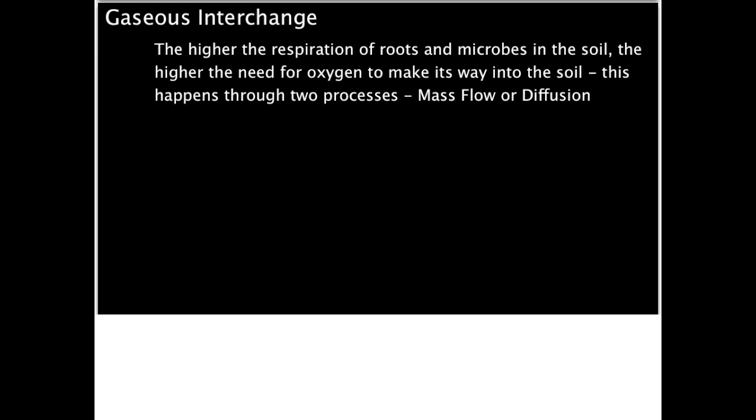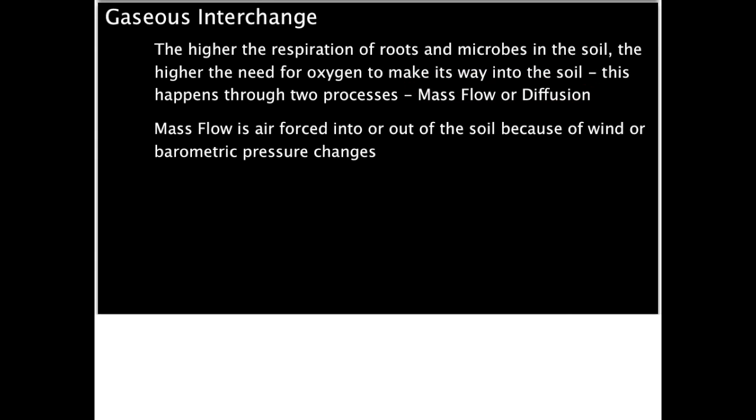What we call that process of oxygen moving into the soil is mass flow or diffusion. So diffusion of oxygen into the soil air. Mass flow is one of the ways, and these are two different terms. We use them both in the description of how we get more or less oxygen into the soil, and how we get more or less carbon dioxide into the soil.